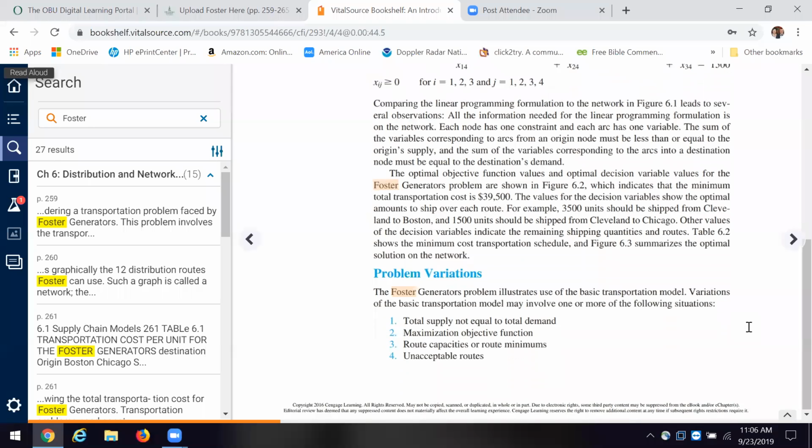Now, here's some of the problem variations. And you can see those at the very bottom. You may have some things like route capacities or route minimums, unacceptable routes. You have to try to weed through all of that. And that gets built into the applications that people use.